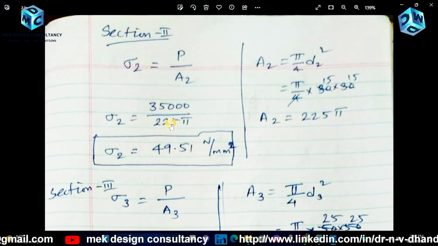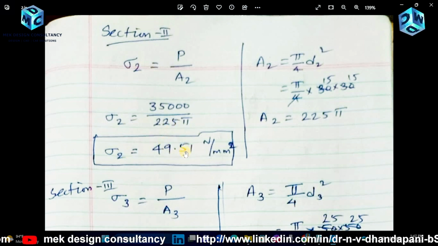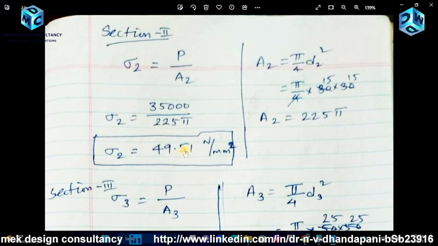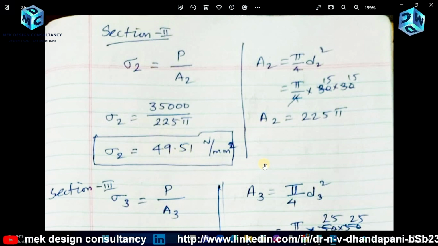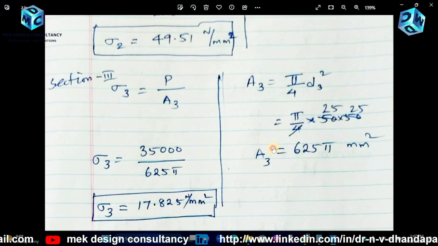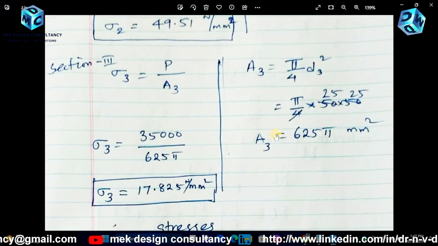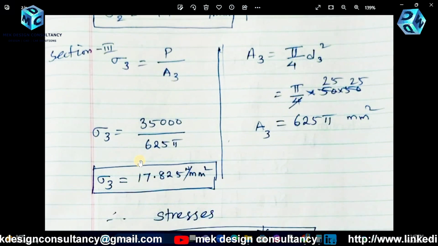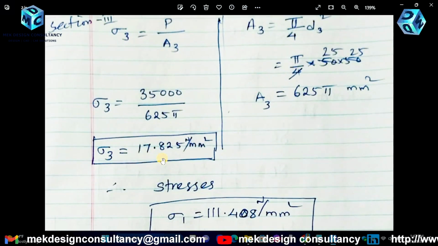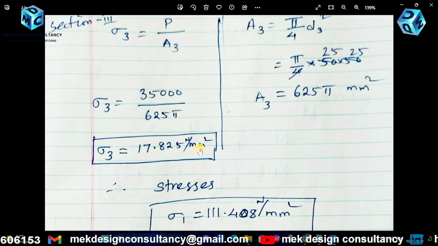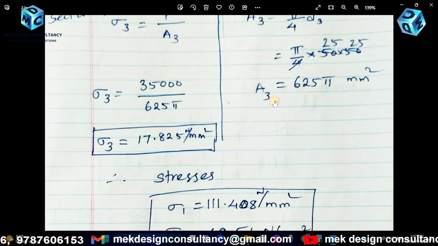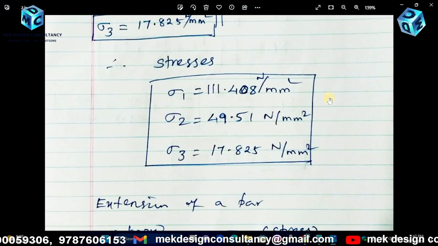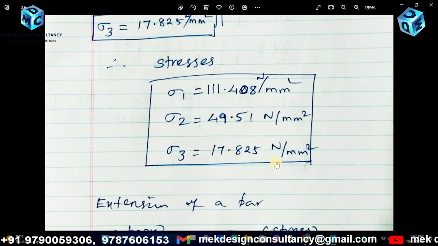Finally we get 225 pi, and the stress value is around 49.51 Newton per millimeter square. Again similarly for the third section, calculate the area using the formula and substitute the values, and we get sigma 3 equal to 17.825 Newton per millimeter square. Therefore, for all 3 sections we have the stresses sigma 1, sigma 2 and sigma 3 as shown here.